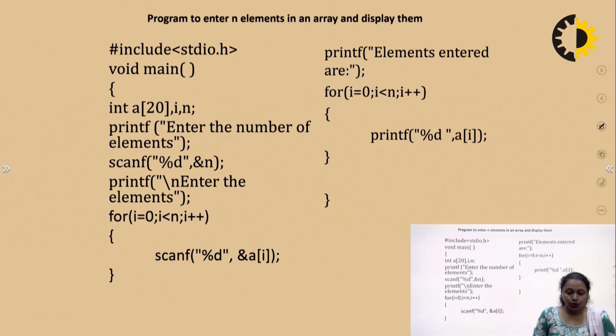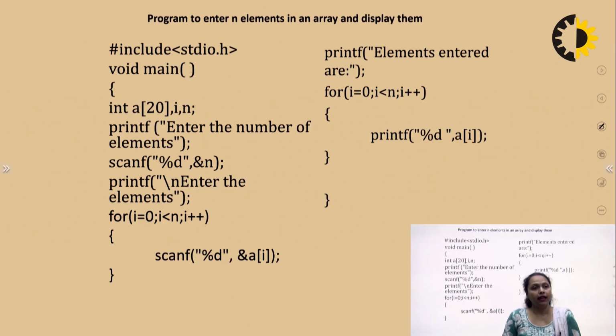Now, how to take input from the user side and how to produce that on the display. In an array also, we can simply take input in a similar way as we take it for a variable. But a single change is there, that is we have to take the input values repeated times.